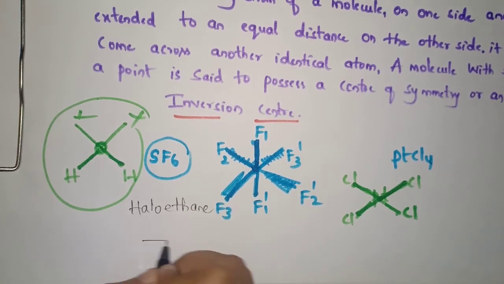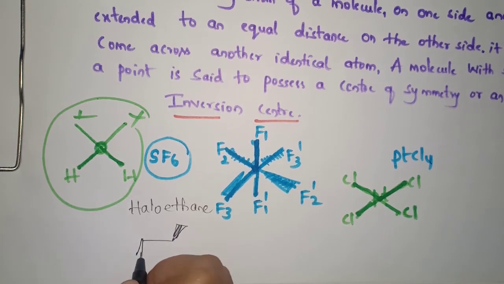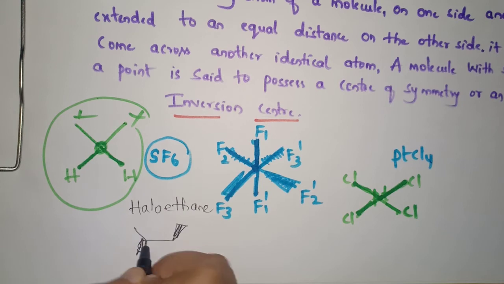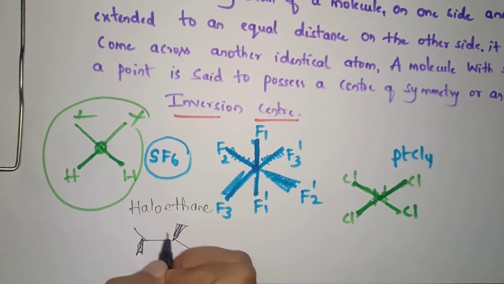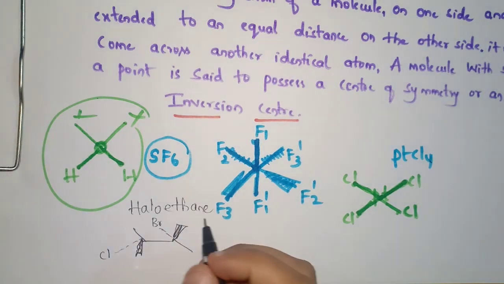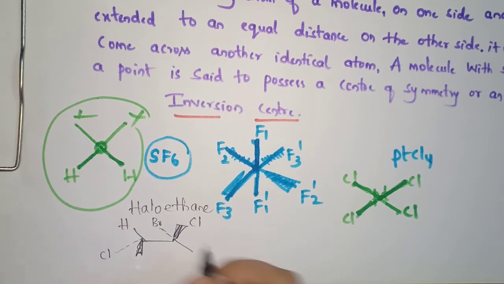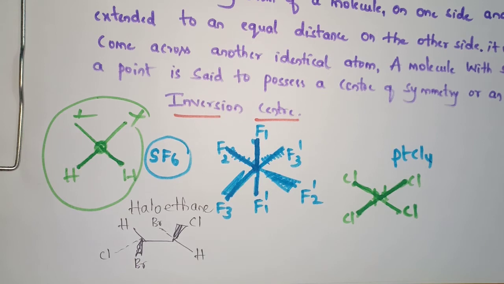Here is the structure of haloethane I am drawing: Br, Cl, Cl, H, H, Br.